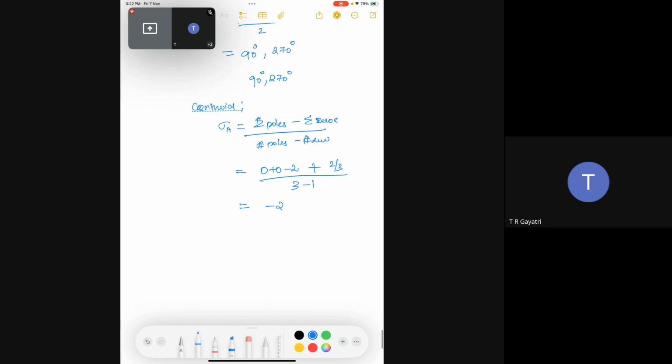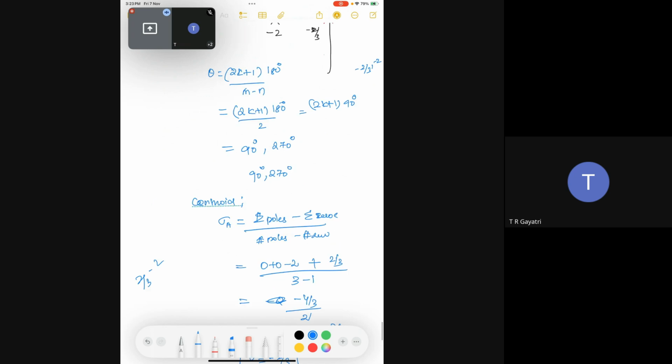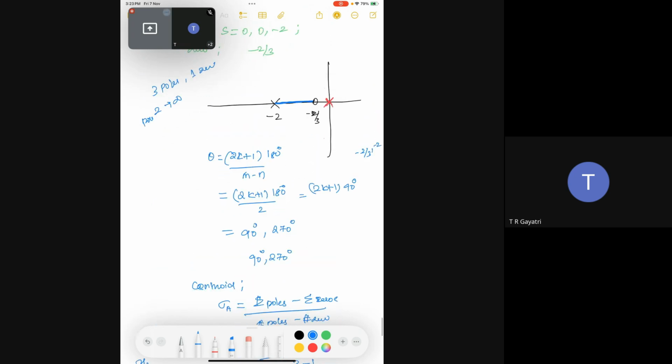So 2/3 minus 2 means -4/3 by 2. So the centroid would be -2/3. Exactly at this point, it's going to separate into two different quadrants.